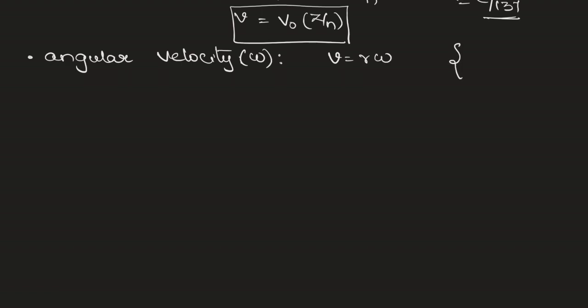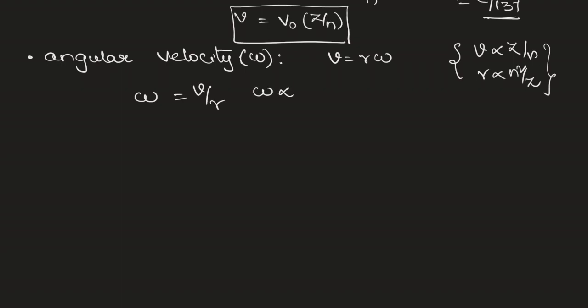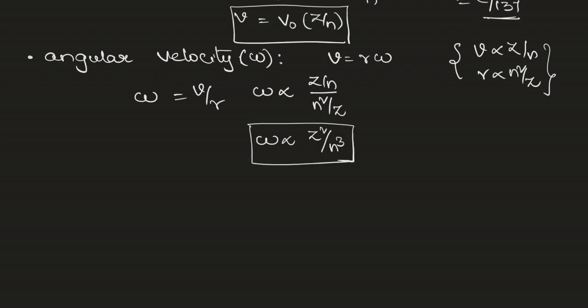Here velocity is proportional to z by n and radius is proportional to n square by z. So omega is equal to v by r, so omega will be proportional to z by n divided by n square by z. So omega is proportional to z square by n cube. You can expect some questions based on this, that is about angular velocity.